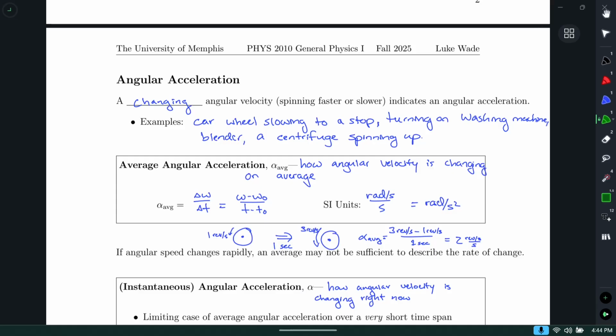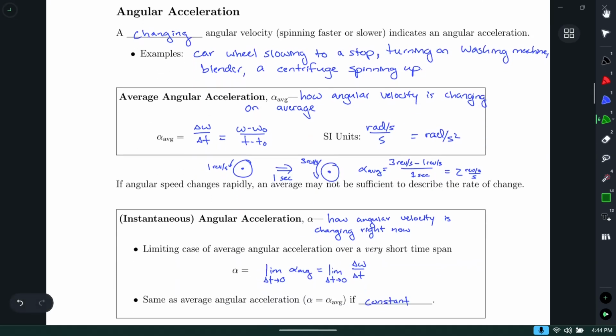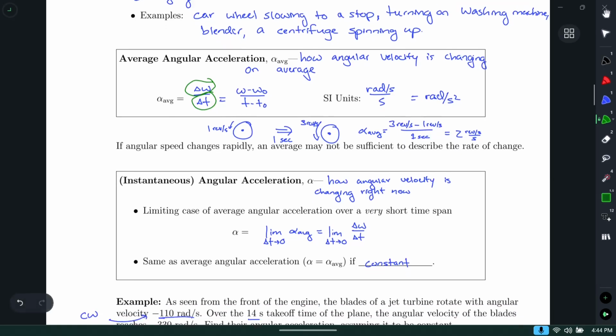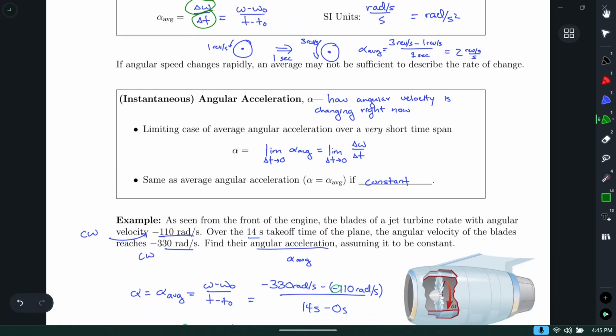It's a really quick spin up. That's angular acceleration. It's how much the angular velocity changed, and how long it took for that change to happen. Instantaneous is a similar idea here: sometimes it's changing really quickly, sometimes it's changing much slower, and so if you want an accurate description, you really have to think about short time spans.